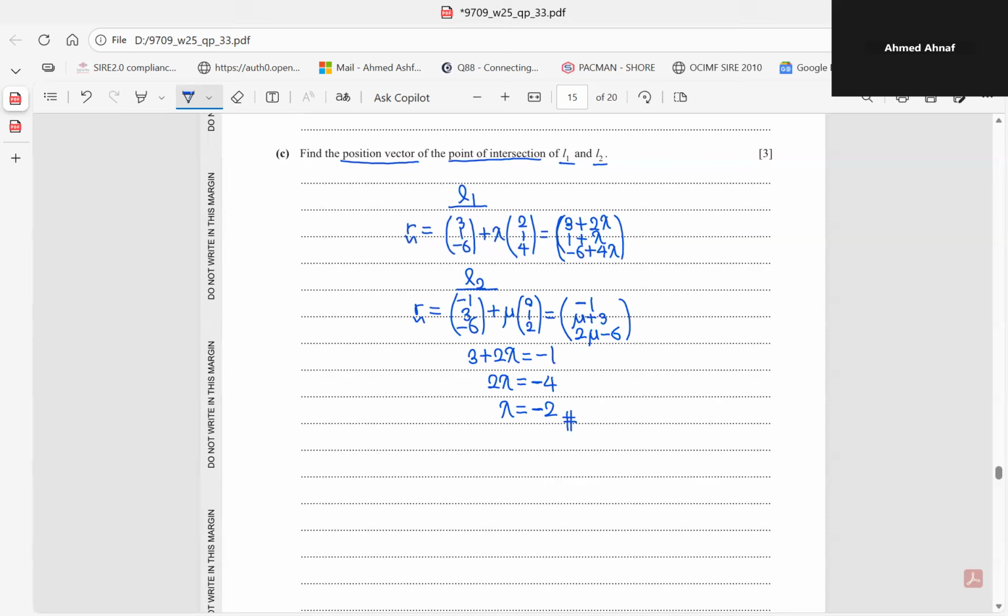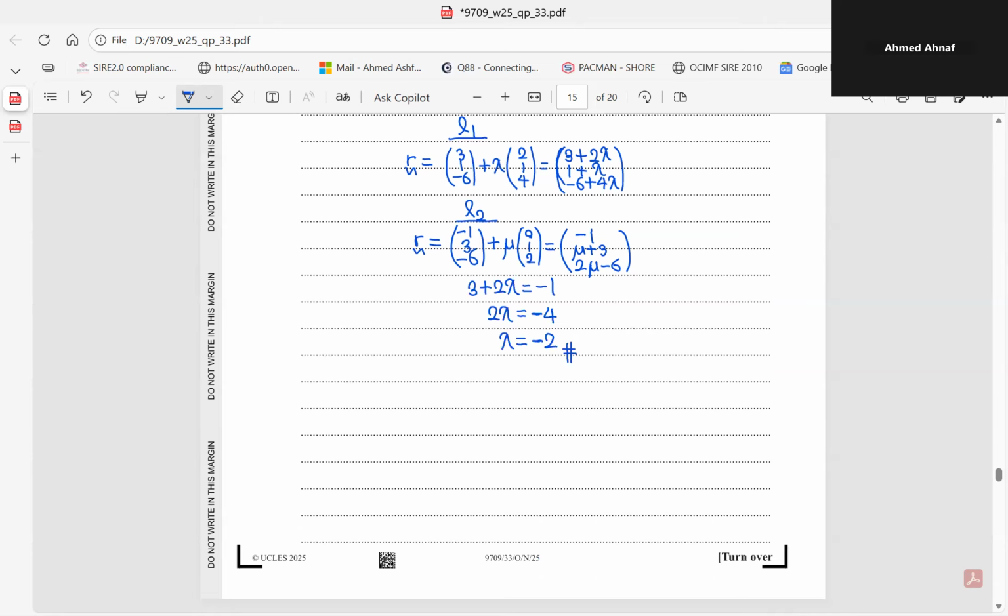Now we can substitute back into our equation for L1 to get the position vector. So the position vector would be 3 plus 2 lambda, 2 times negative 2; 1 plus negative 2, so 1 minus 2; and minus 6 plus 4 times negative 2.